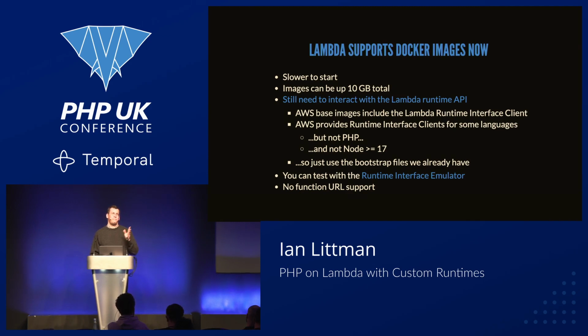You tell it, okay, once you are set up, run my standard bootstrap file, which in this case can be anywhere in your container. Amazon doesn't care. They'll pass you the environment variables and leave you to do what you will. So yeah, the runtime interface emulator, it'll set up its own HTTP server and then call your bootstrap and go from there. And that'll allow you to test things locally.